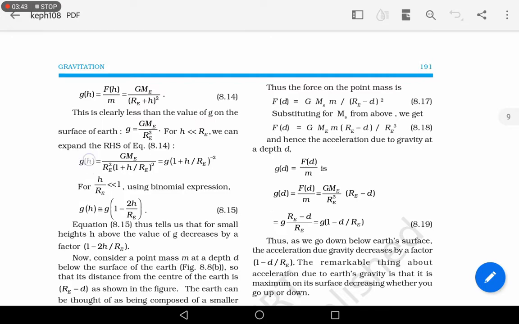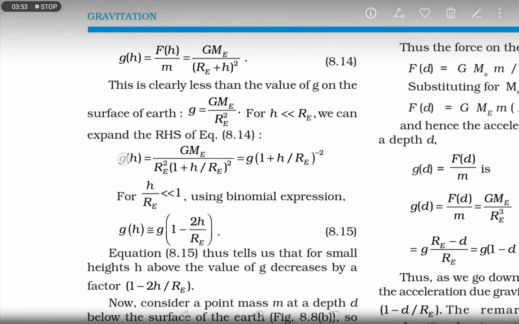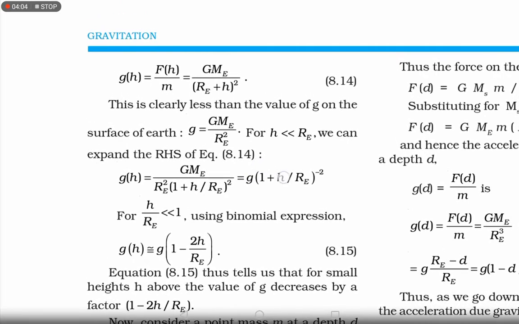Use g(h) is equal to g into (1 plus h by Re) power minus 2, where g(h) is the variable acceleration due to gravity at height h. The new acceleration due to gravity at height h is equal to the acceleration due to gravity on the surface of the earth into (1 plus h by Re) power minus 2.